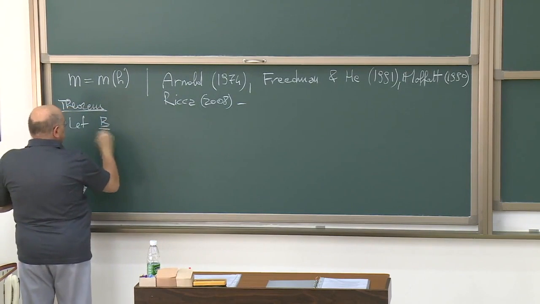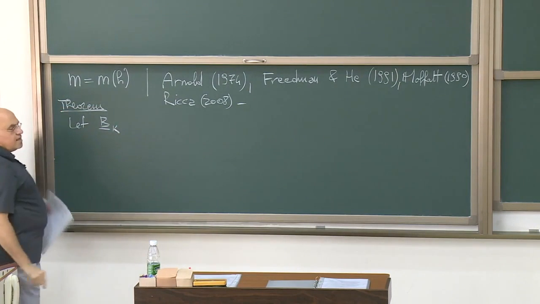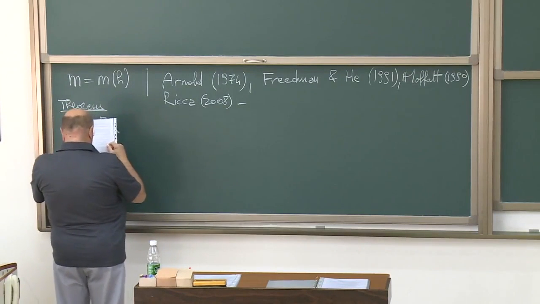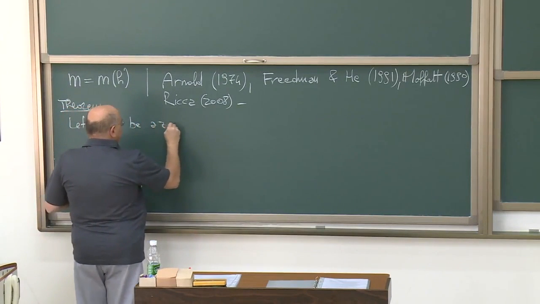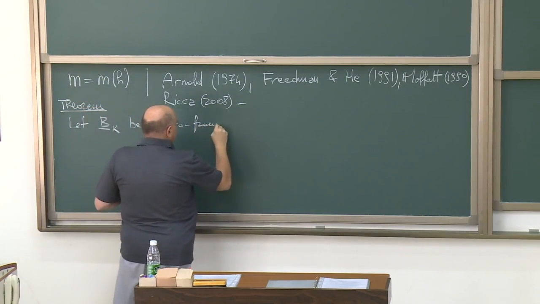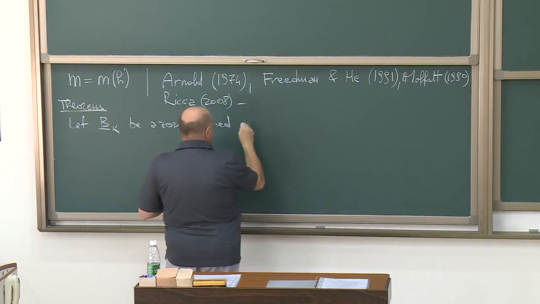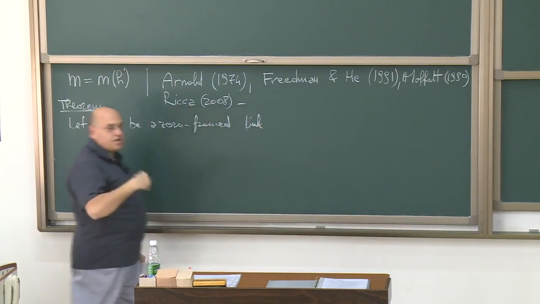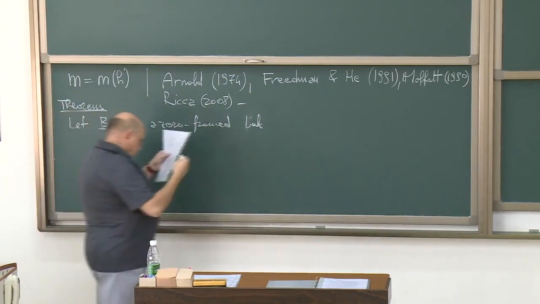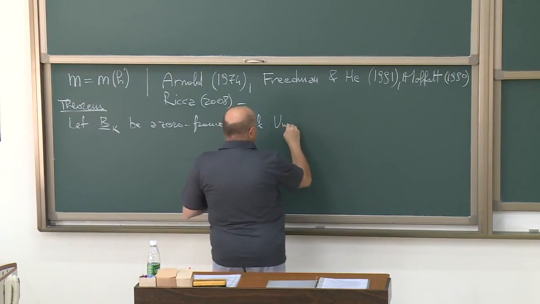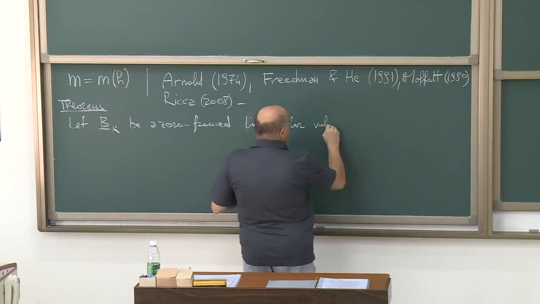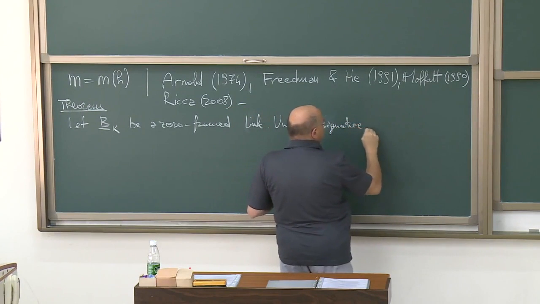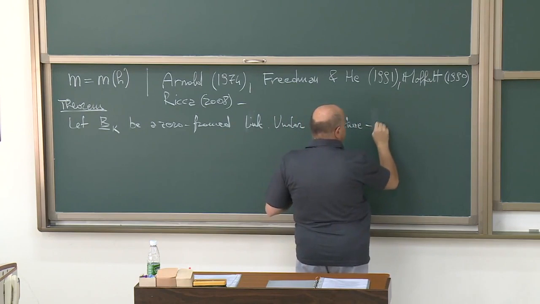Let B be the field in a tubular knot. So this is a magnetic knot, a zero framed link in general, or not. It doesn't matter. We can say link. A link is just a collection of knots, under volume, or let's say signature preserving flow.